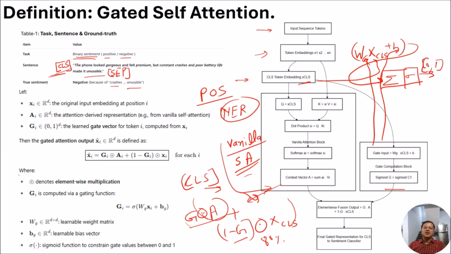So in that case you have to put the gate for each of those tokens, only then you will get such kind of scores.